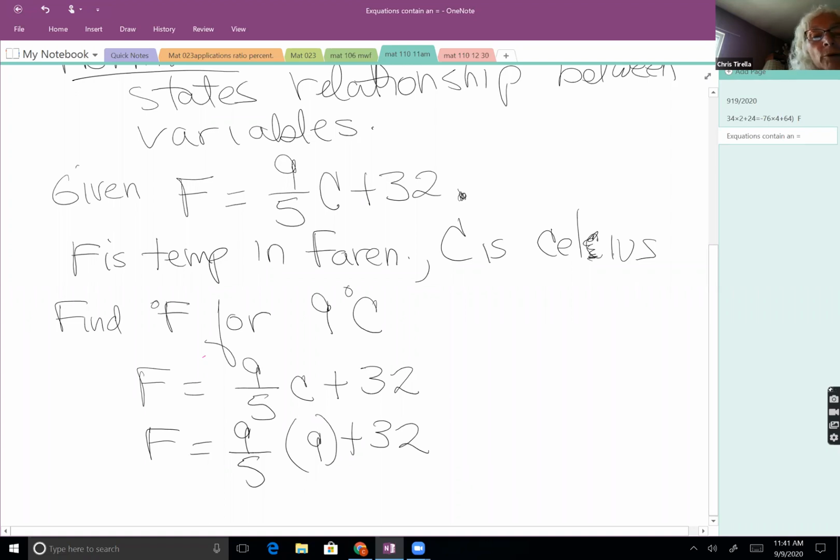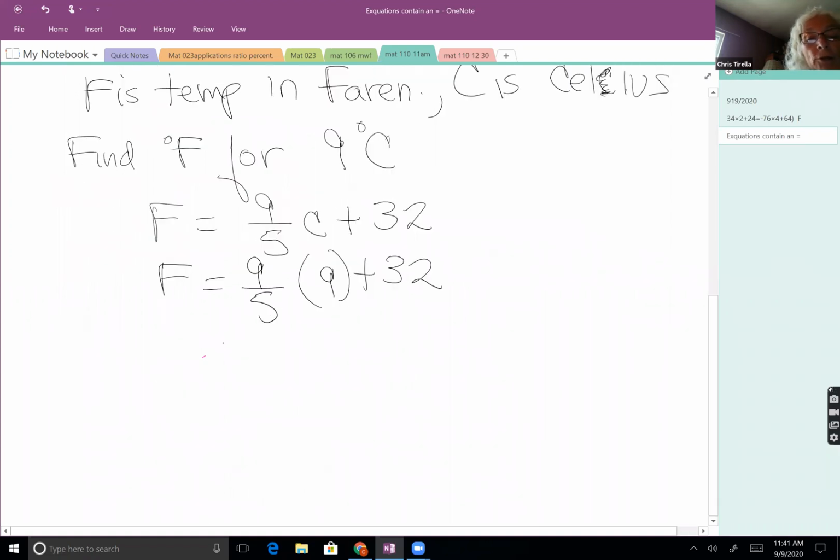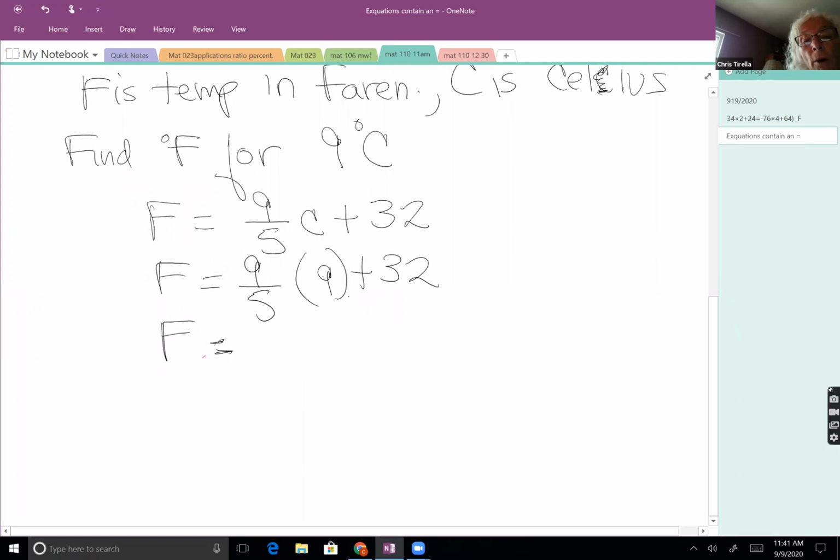And so now we're going to evaluate using order of operations. We multiply before we add. So that gives me 81/5 plus 32. And 81/5 is, 5 goes into 8 once, 5 goes into 31, 6, 16.2 plus 32.